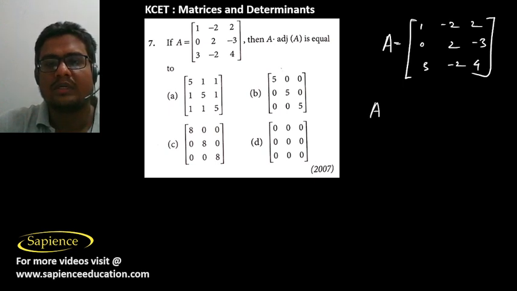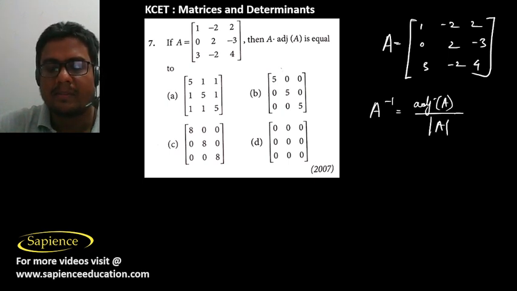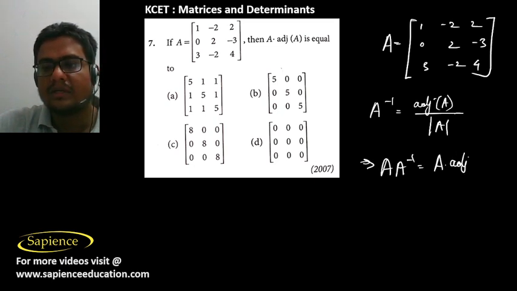So we know that for any square matrix A, A inverse is equal to adjoint of A by the determinant of A. Therefore A into A inverse will be equal to A into adjoint of A divided by the determinant of A.